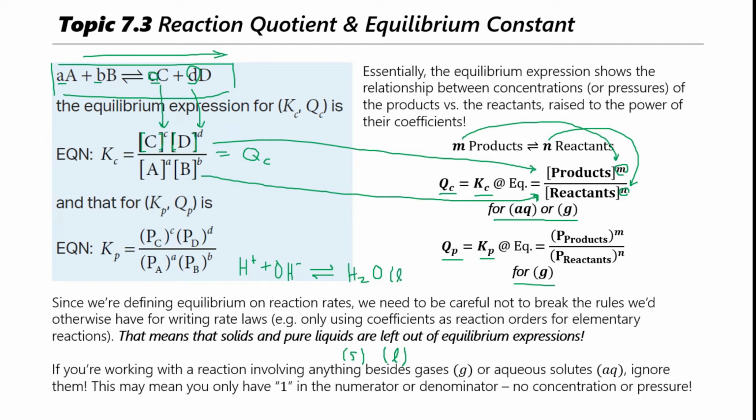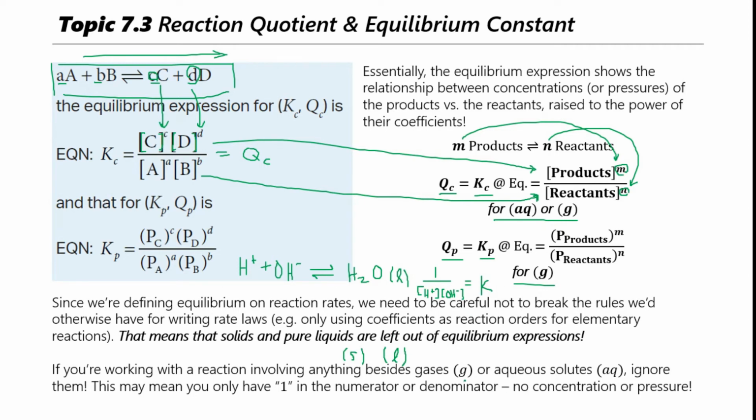This H2O is a pure liquid. So I would just have 1 over, and then my reactants on bottom would be my concentration of H plus to the power of 1 times my concentration of OH minus to the power of 1. That would be my K or my Q.